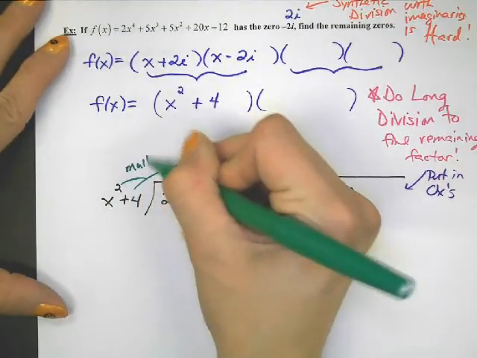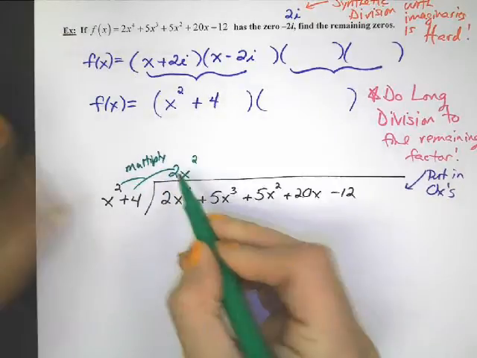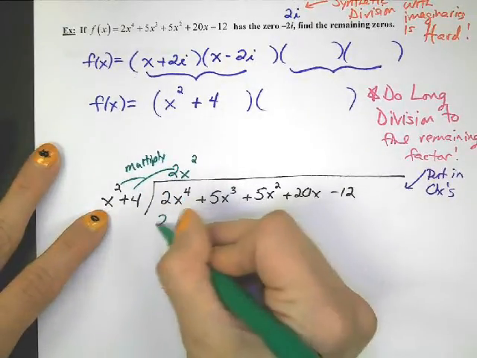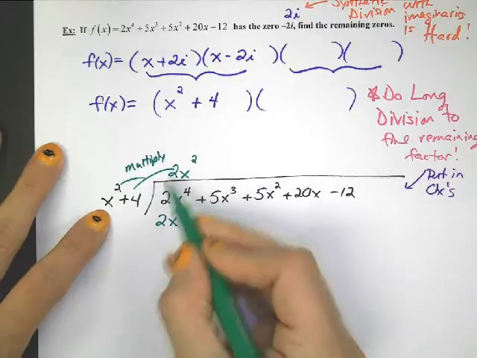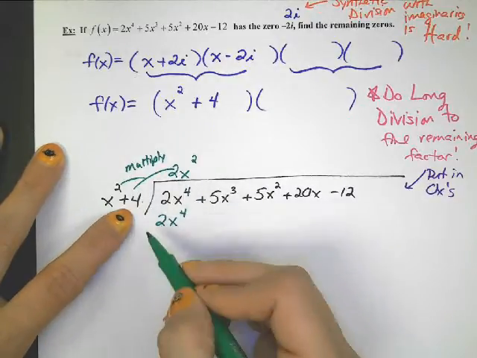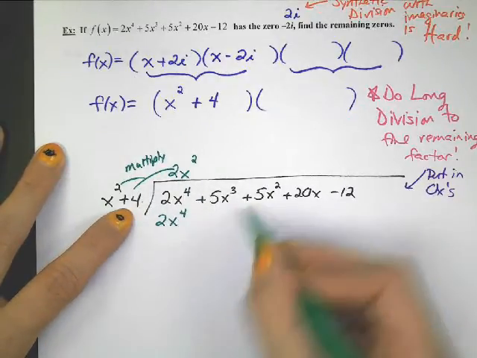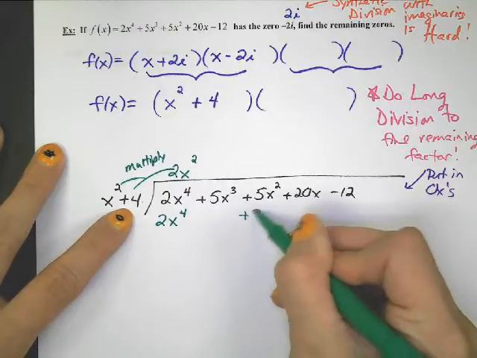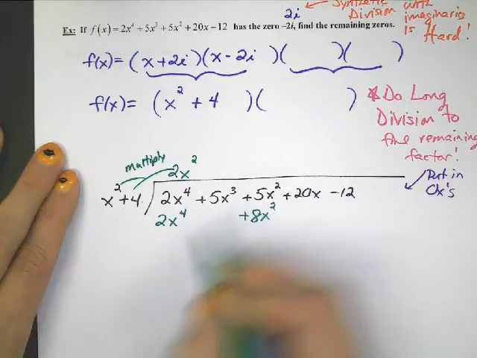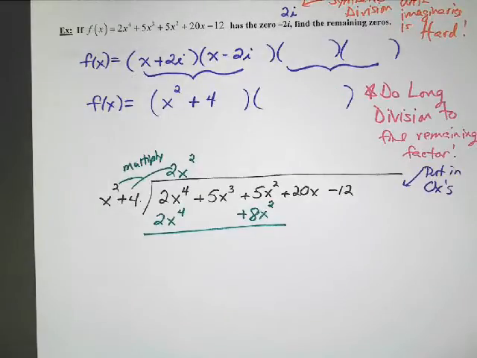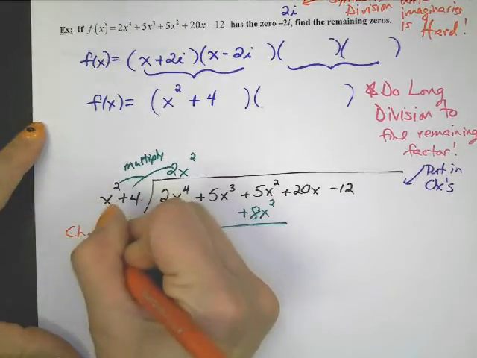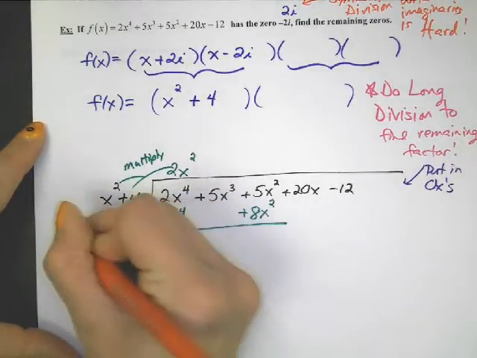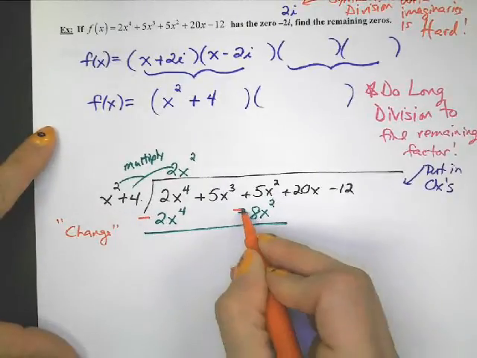So 2x squared times x squared is 2x to the fourth, plus 8x squared. I know where to put 8x squared, with the squares. And then it's time for change. You have to change the signs to the opposite.